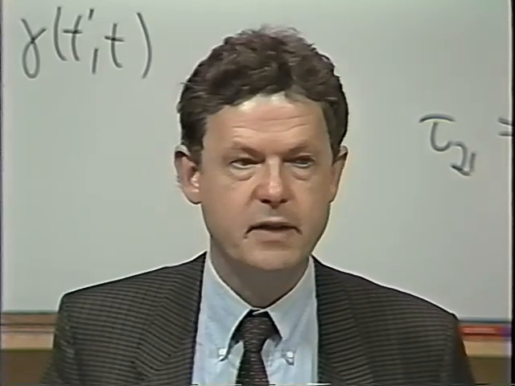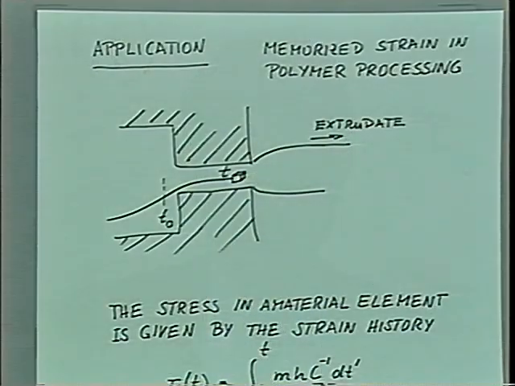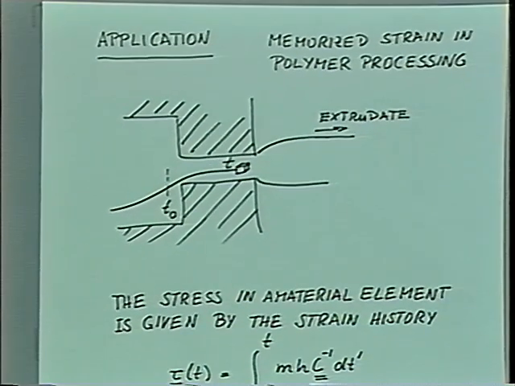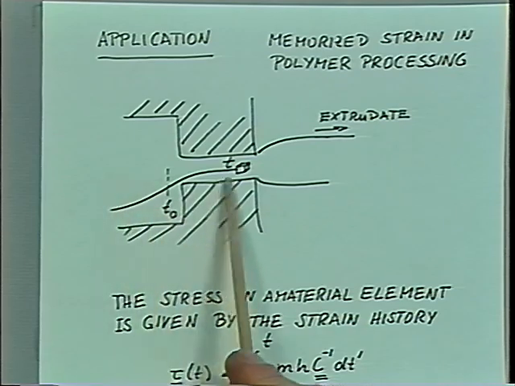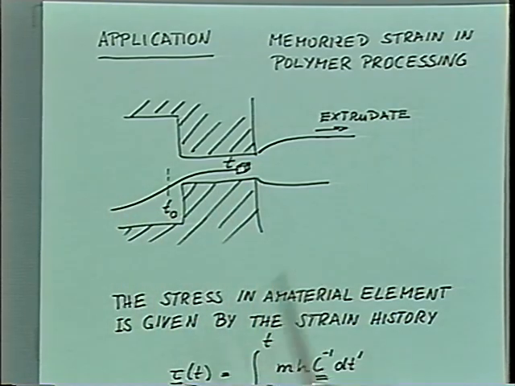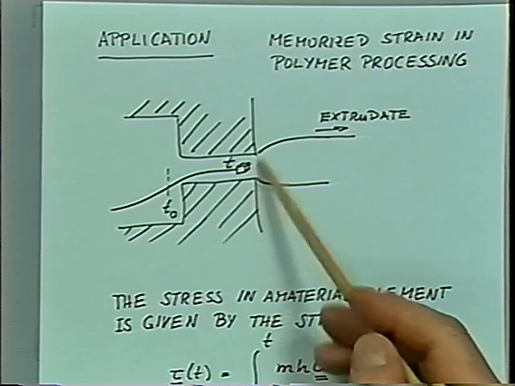The constitutive equation is fairly simple, so there's hope that it can be used to model polymer processing flows. I'm outlining one application which is quite interesting. Very symbolically, flow through a die is being considered where an extrudate comes out of this hole.